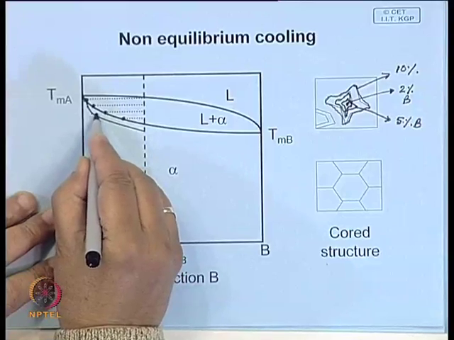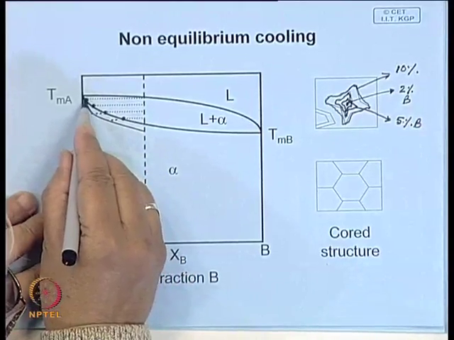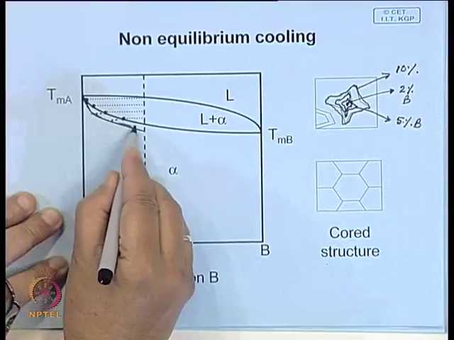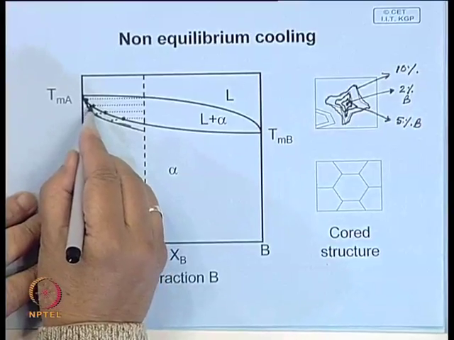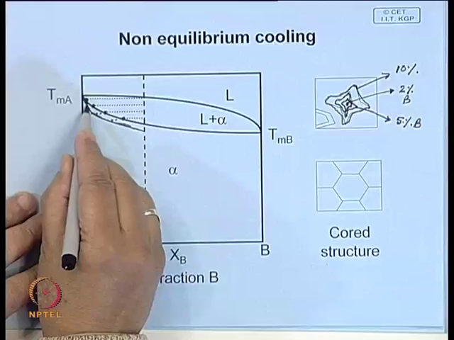So, if there is a departure, what will happen? The average composition of the solid will follow a different line. The solid is not able to change its composition as fast as expected.